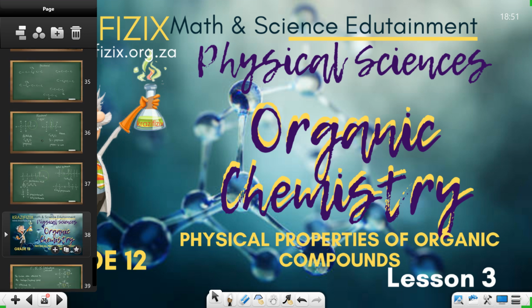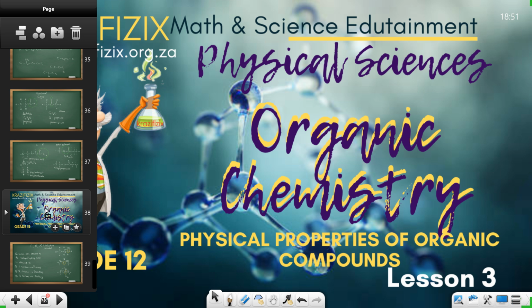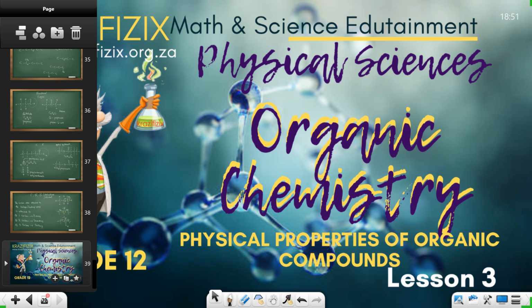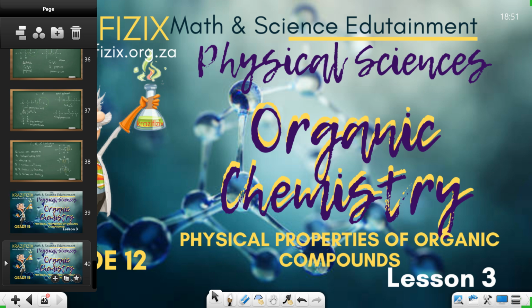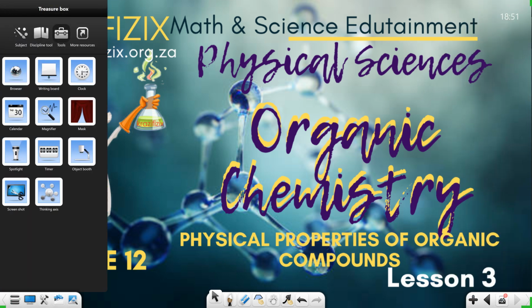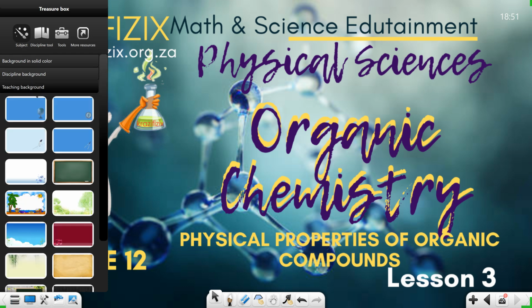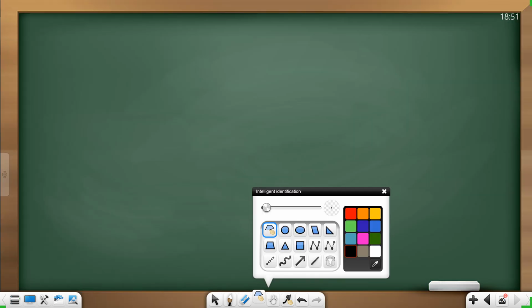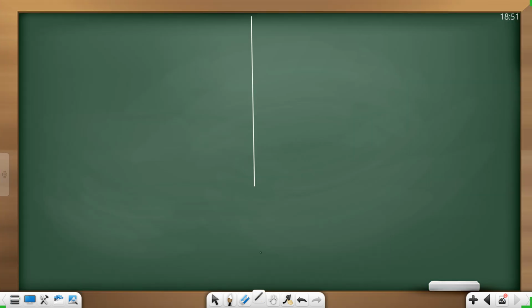Now, when we talk about physical properties, basically we are looking at boiling point and melting point. That's what we are looking at.